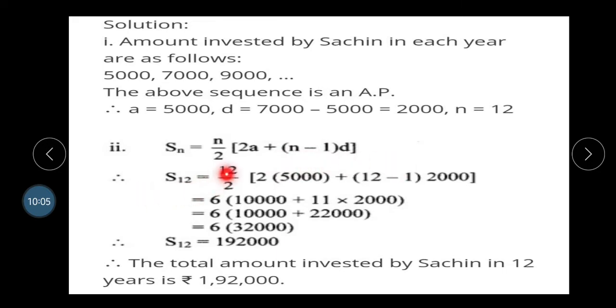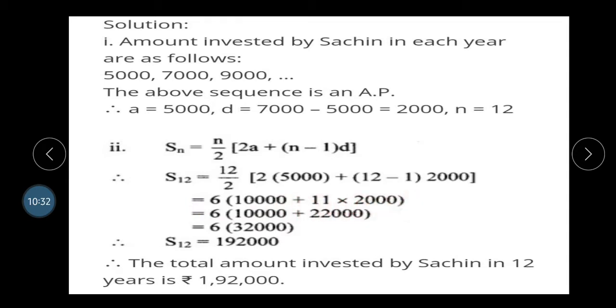Substituting the values, 12 upon 2 square bracket open, 2 into 5000 plus 12 minus 1 times 2000. 2 into 5000, 10,000, 12 minus 1, 11 into 2000. When you divided 12 by 2, we got 6. So 6 into 10,000 plus 11 into 2000.